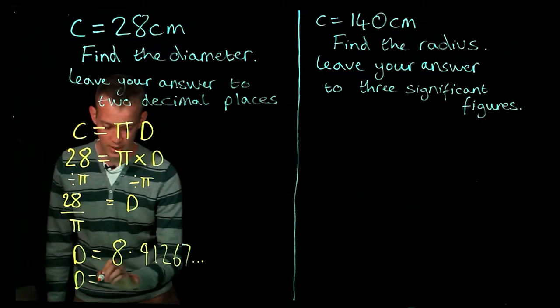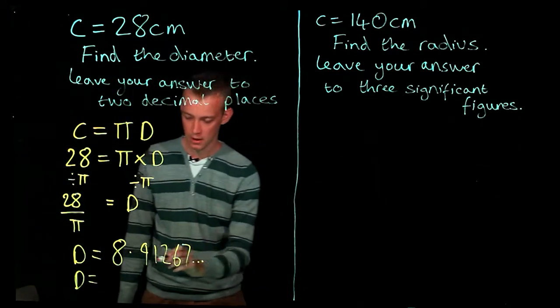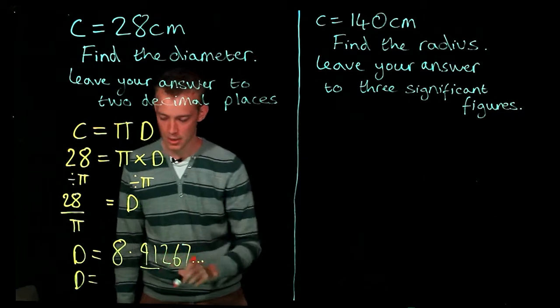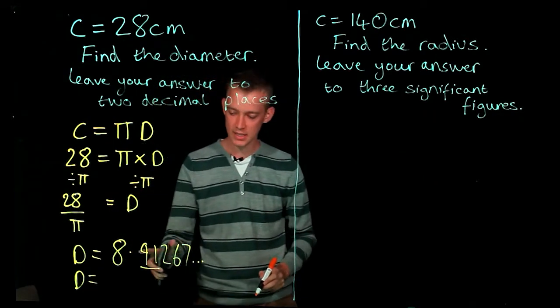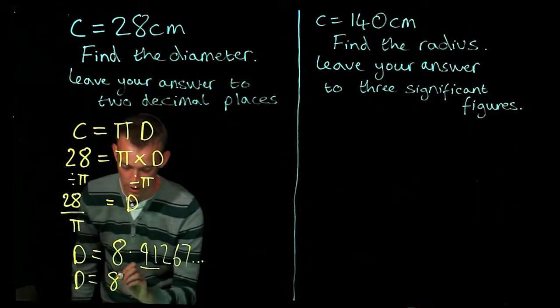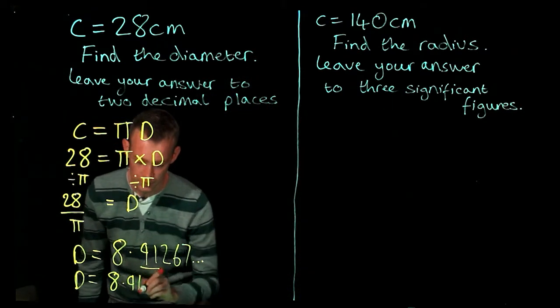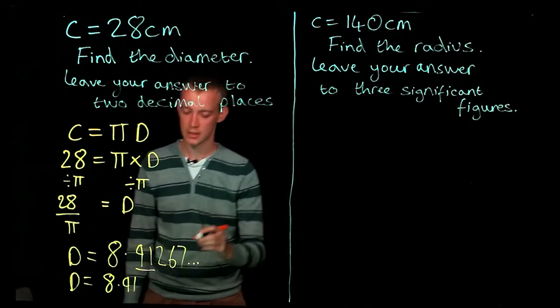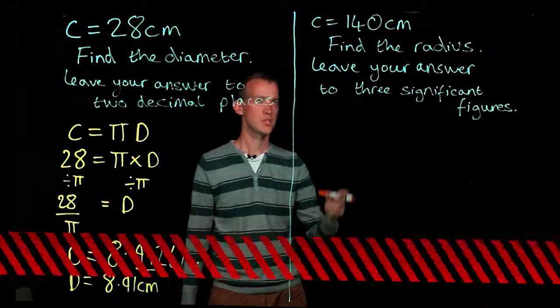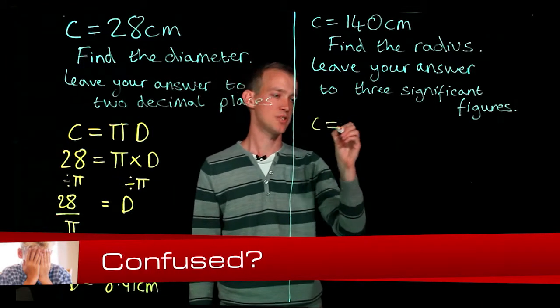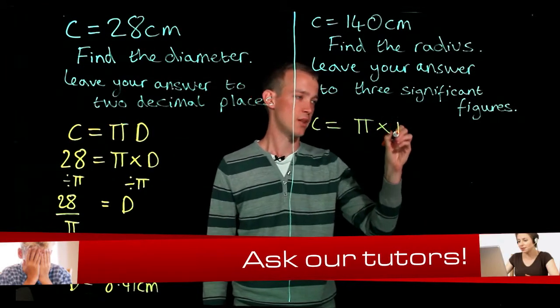So to my diameter to 2 decimal places, well, the first 2 decimal places are here. The answer is either 8.91 or 8.92. We can see that it's closest to 8.91. And remember to always include your units in the answer. So it's 8.91 centimetres.